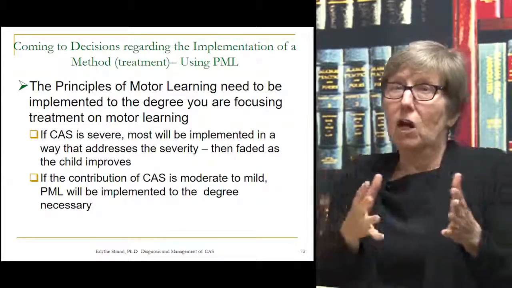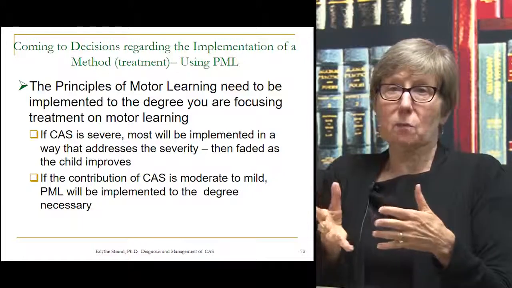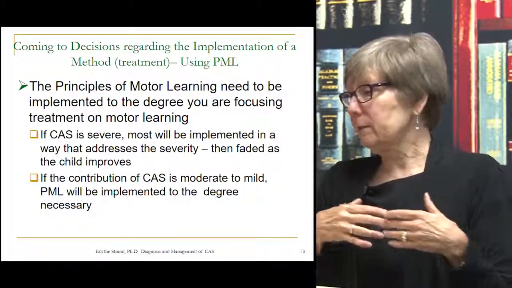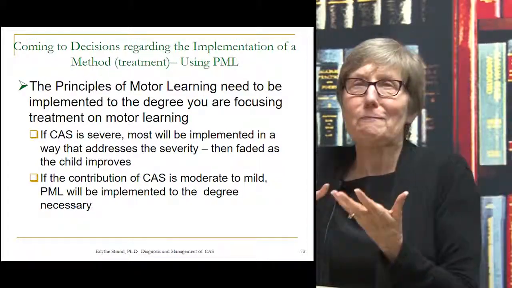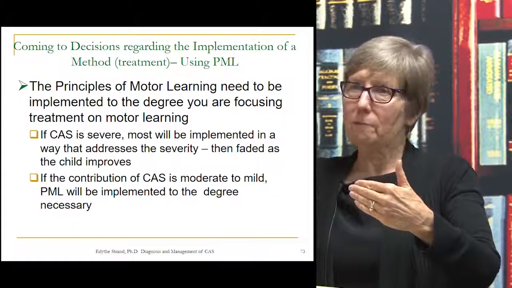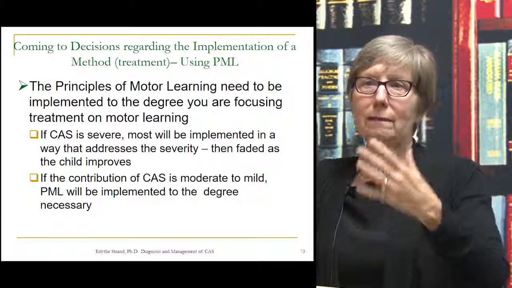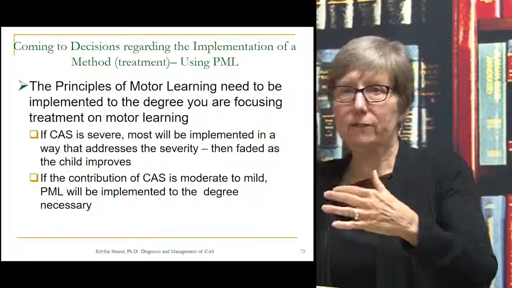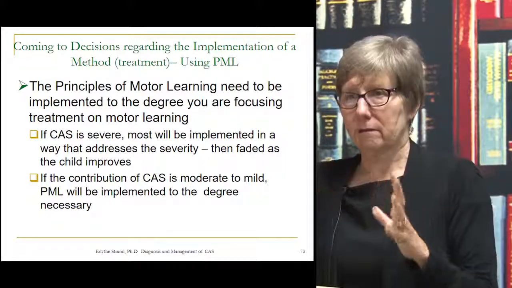If the contribution of childhood apraxia is more moderate or even mild, we will still let these principles of motor learning guide our clinical decisions, but perhaps in a different way where we will implement them slightly differently and maybe to a little bit less degree.